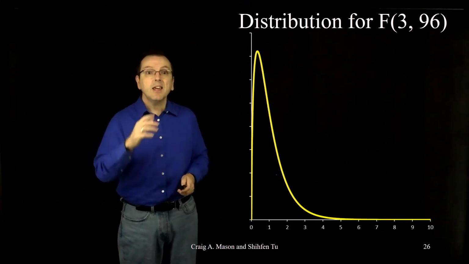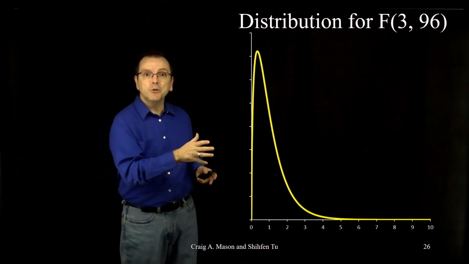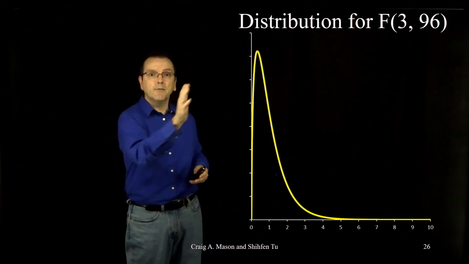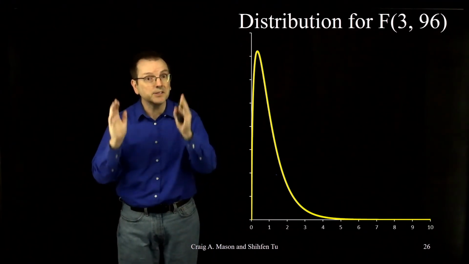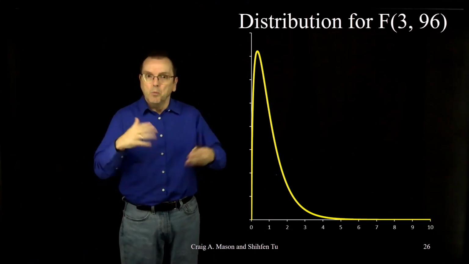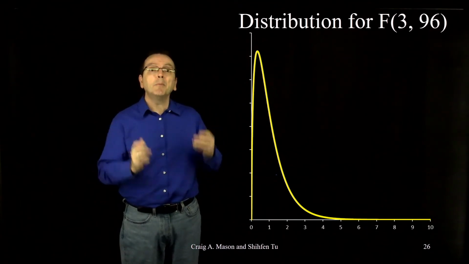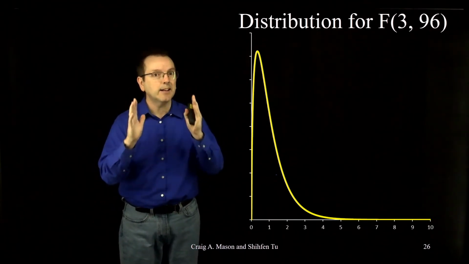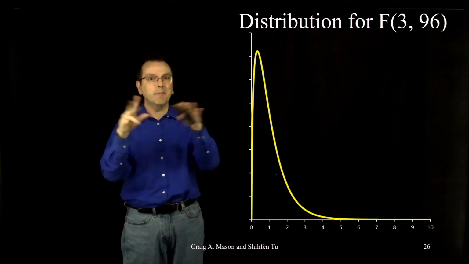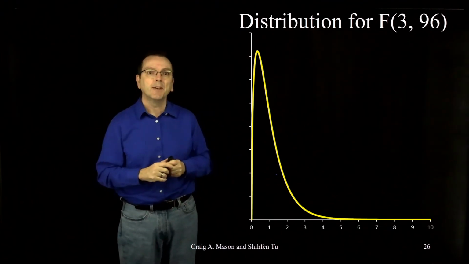Because even if the null is true and the means in those different populations are all the same, we wouldn't expect our sample means to be exactly equal. There'll be some random variation.